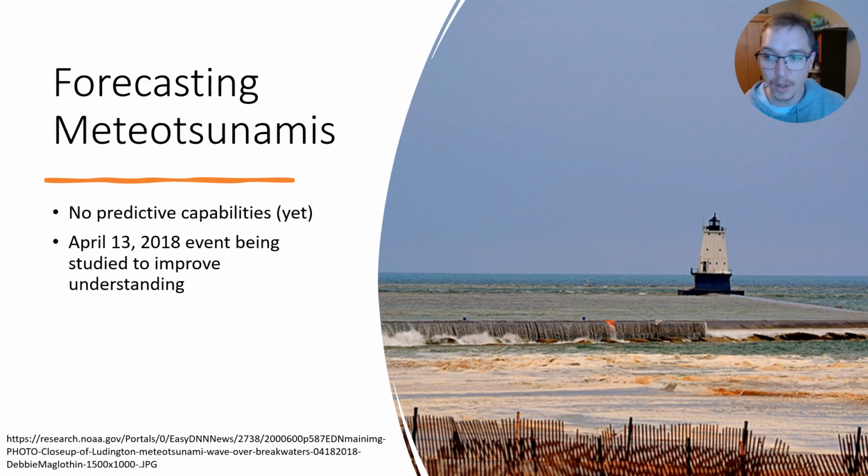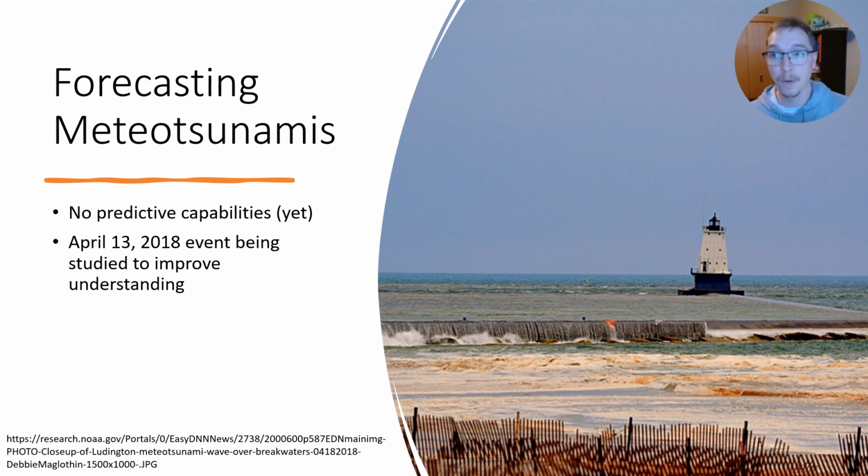While there are currently no forecast models that effectively predict meteotsunamis in the United States, new NOAA, National Oceanic and Atmospheric Administration, research based on the Ludington wave demonstrates that existing NOAA numerical weather prediction models and hydrodynamic forecast models may enable scientists to predict these meteotsunami-driving atmospheric waves minutes to hours in advance.